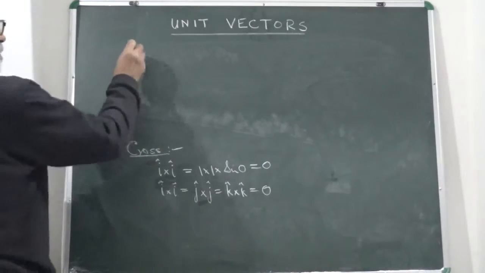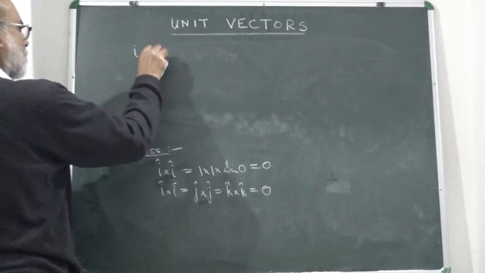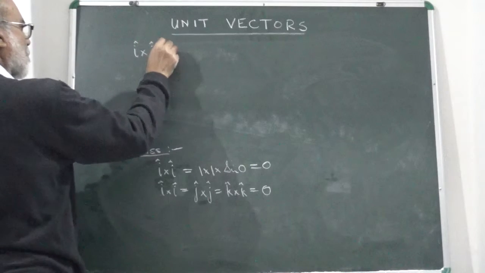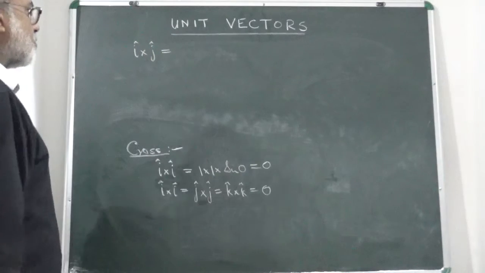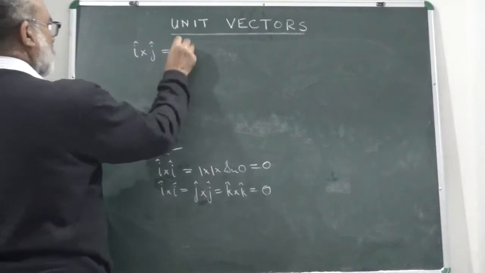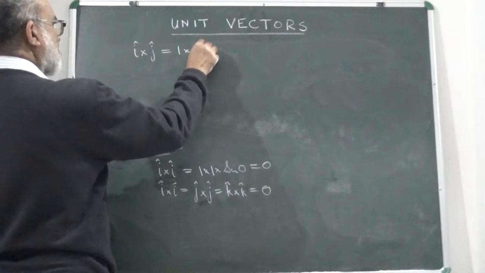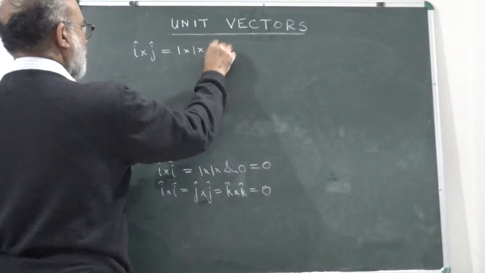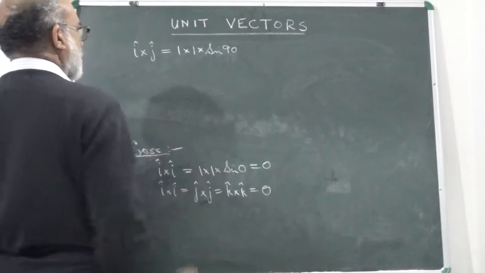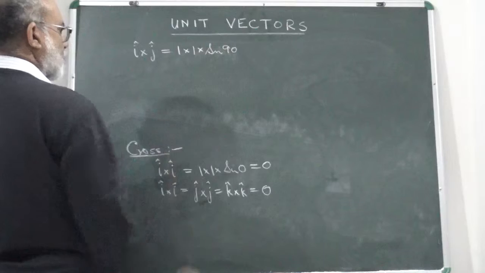Now suppose i cross j. i cross j is 1 into 1 into sine 90, and sine 90 gives you the value 1.